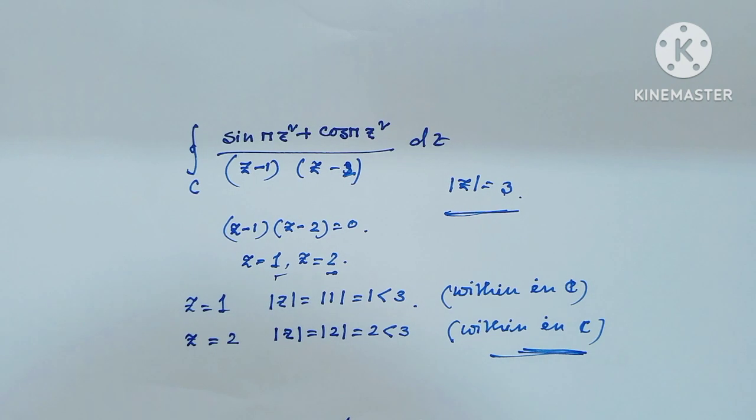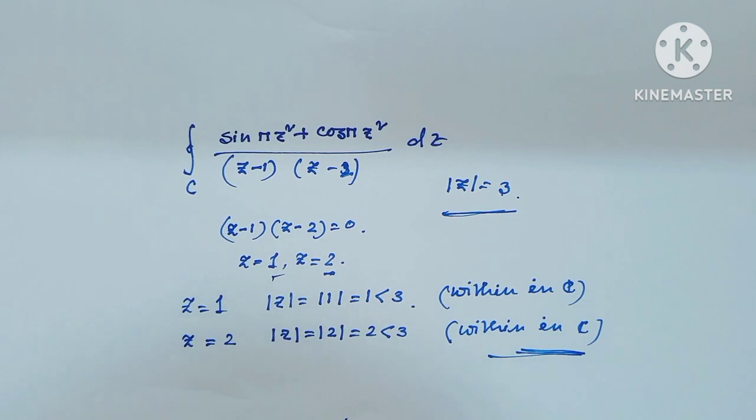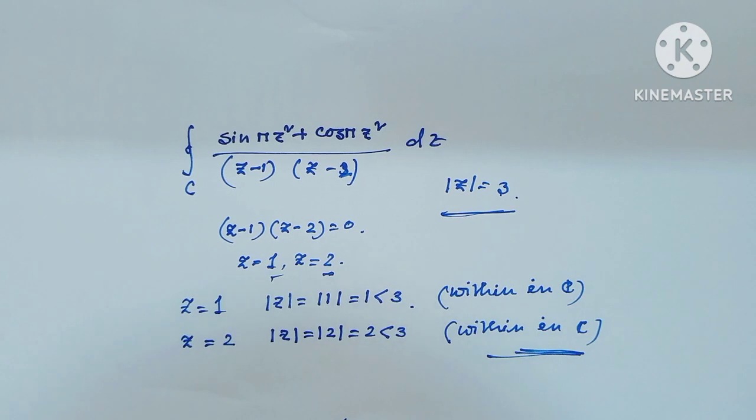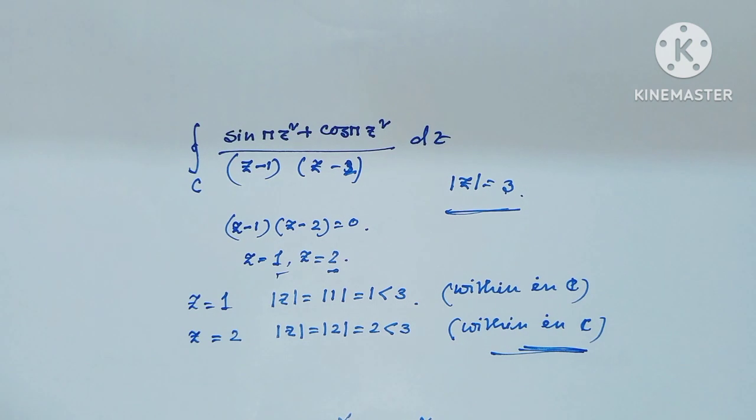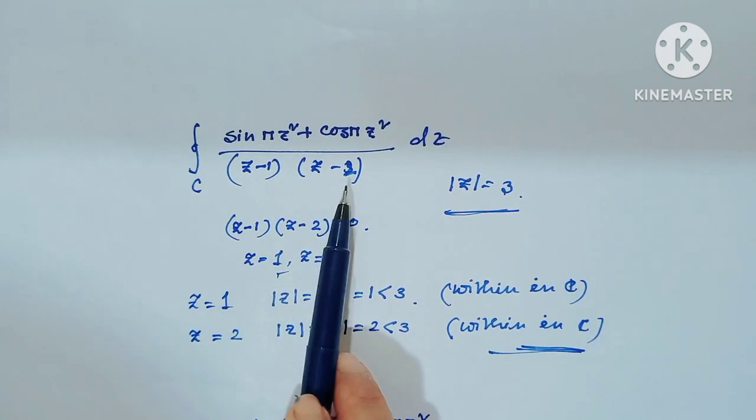Second example: the integration of (sin pi z square plus cos pi z square) over (z minus 1)(z minus 2) dz, and we have to find the integration along mod z equal to 3. Here notice, this function is not analytic at the points 1 and 2.